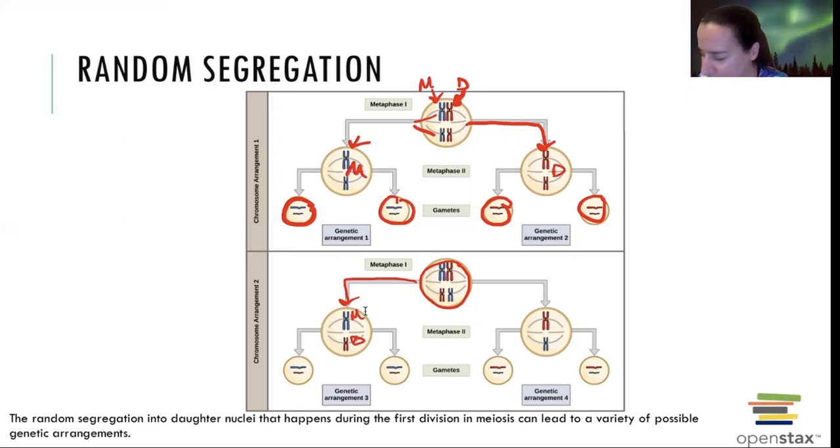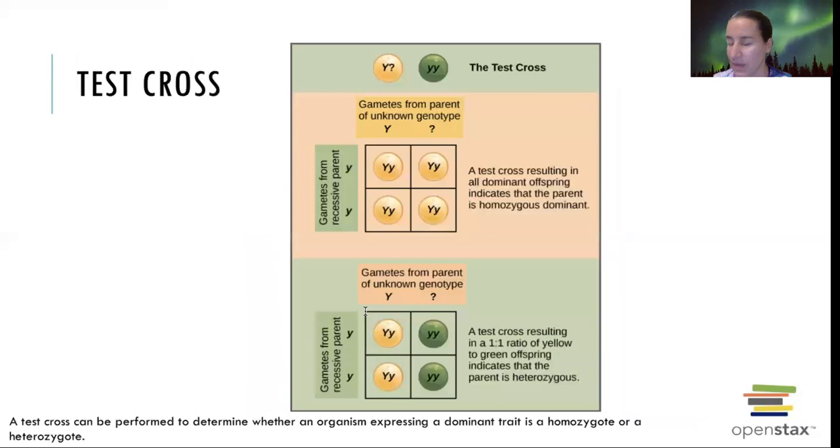We end up with a long blue and a short red on this side, and over here a long red and a short blue. This was dad's long chromosome and mom's short chromosome. Because of this law of random segregation, those chromosomes are going to segregate equally and randomly into the gametes, so everybody has an equal chance of getting these different genes.